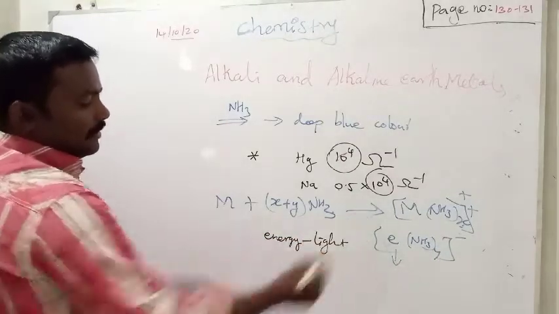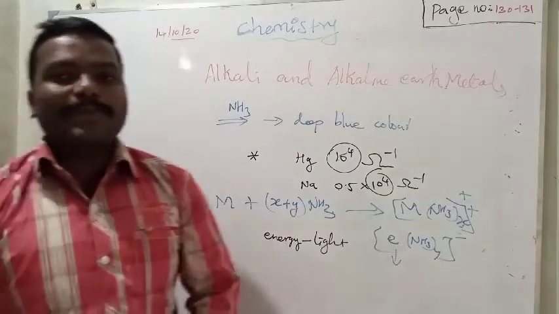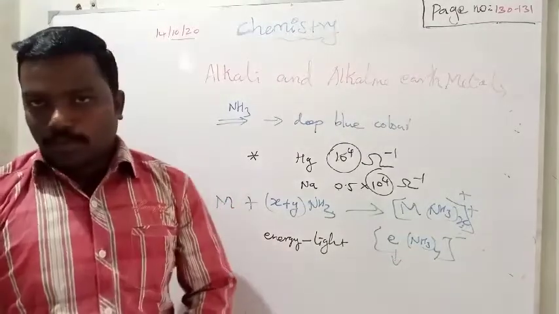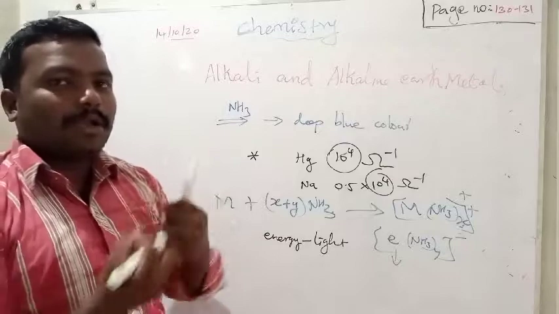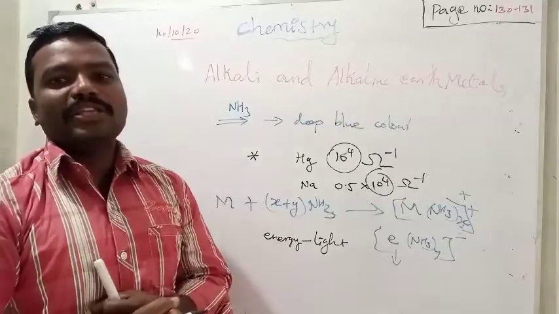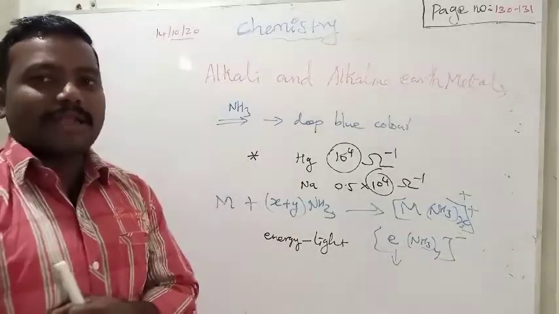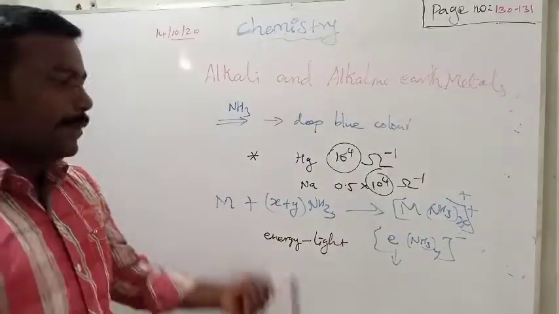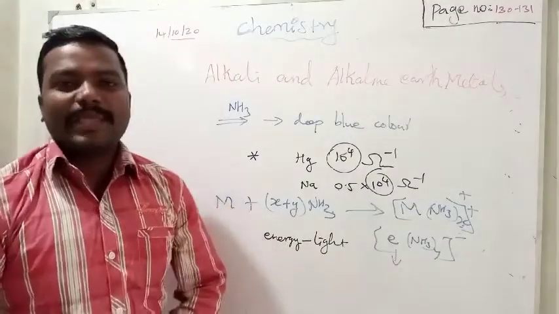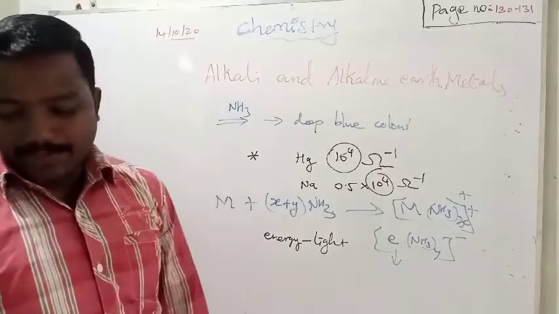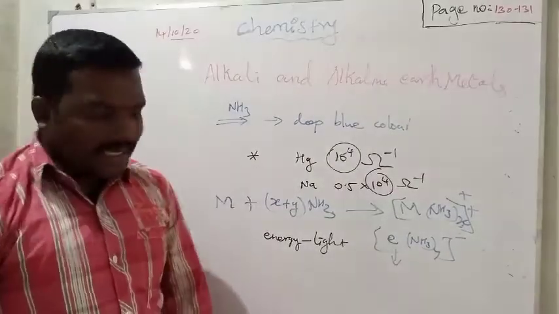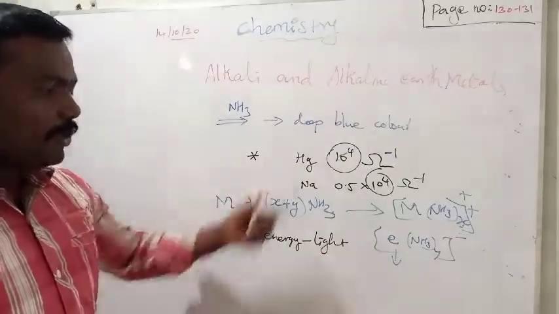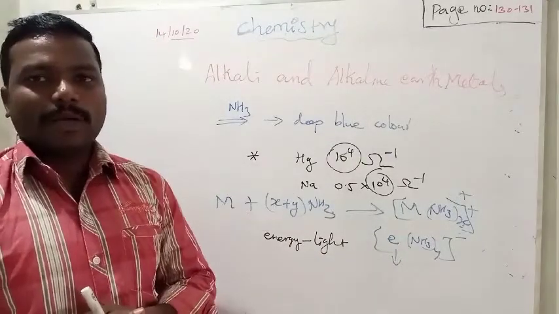Because of that, it will give the complementary color, blue. So the electron absorbs light energy, and because of that absorption it produces the blue color. This is also important for 1 mark. Sometimes they may ask it in 2 marks also.